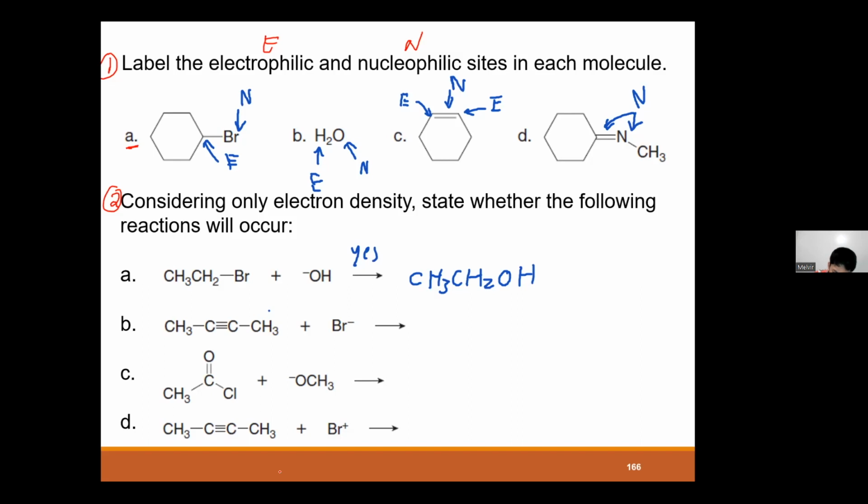Okay, do the arrow pushing. Where's your arrow pushing? Good for A. How about for B?